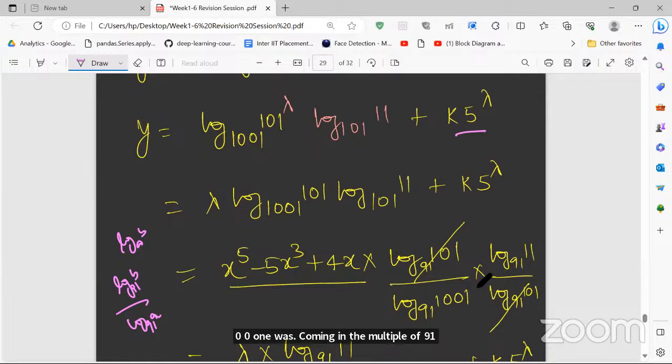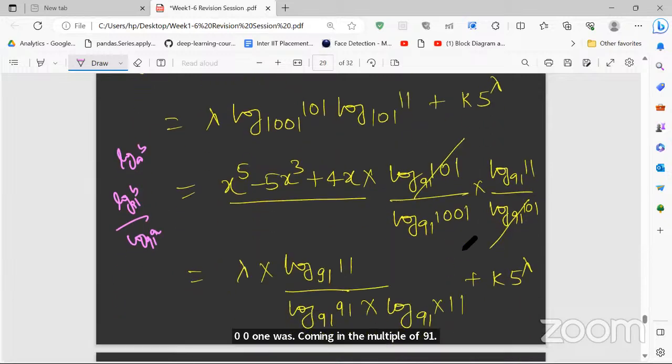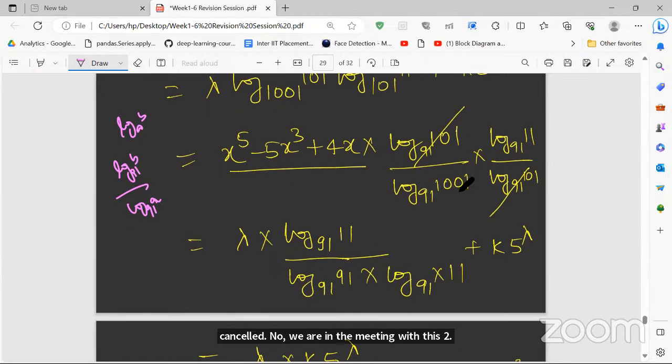So I take that value, and then both got cancelled. Now we are remaining with this 2. This also will get cancelled because 1001 is a multiple of 91 and 11. So both will get cancelled. We'll be remaining with log 91, 91. So now this is 1.